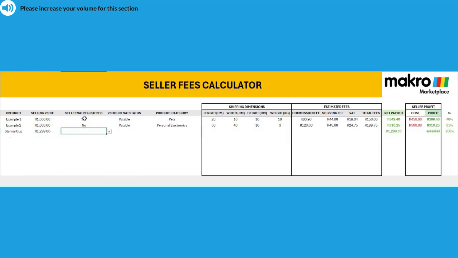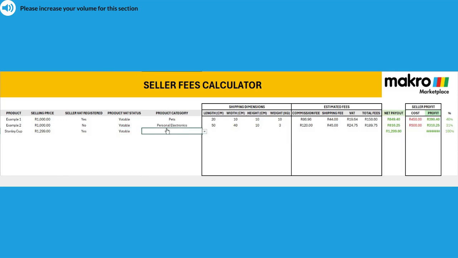In this section here, you need to specify whether you are VAT registered or not, which I will say yes because I am. Also, a reminder in the selling price is that you need to include the VAT if you are VAT registered. And then here you need to specify whether the product itself is a VATable product or it is a zero-rated product. So then here we select VATable.